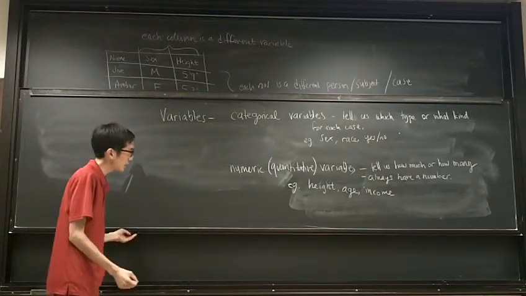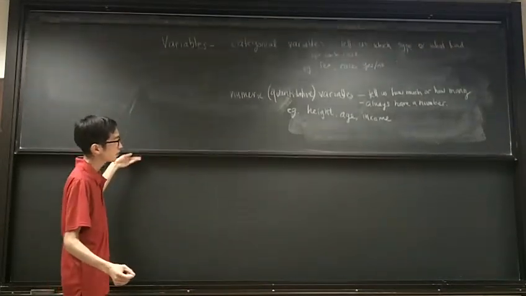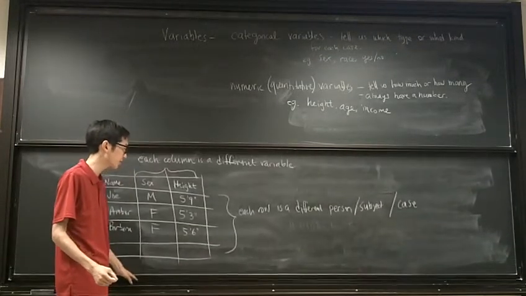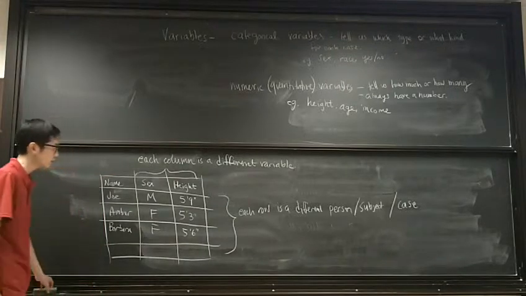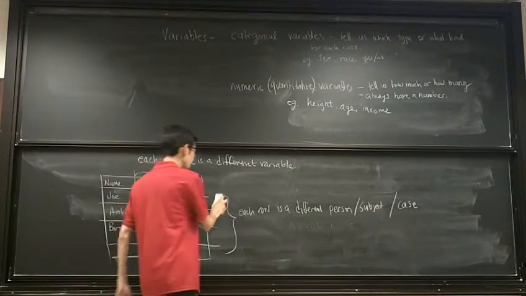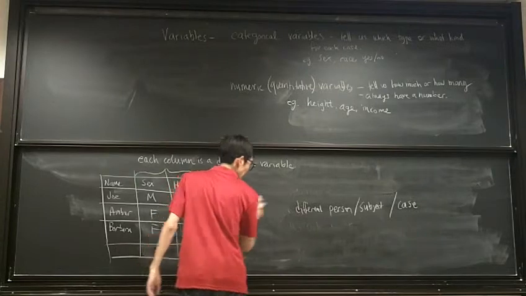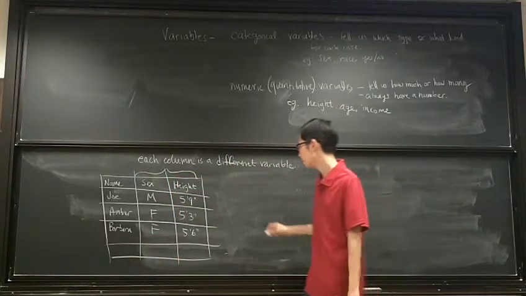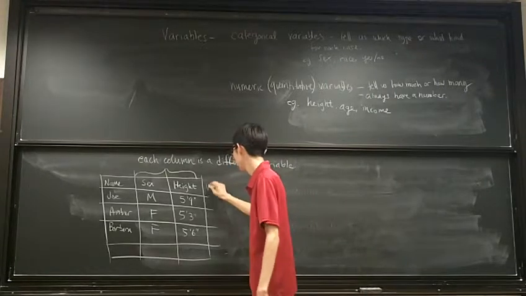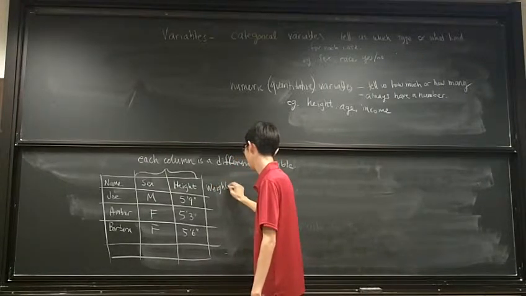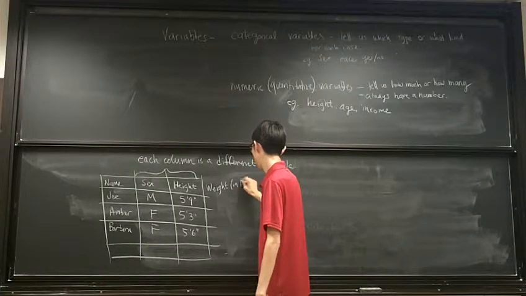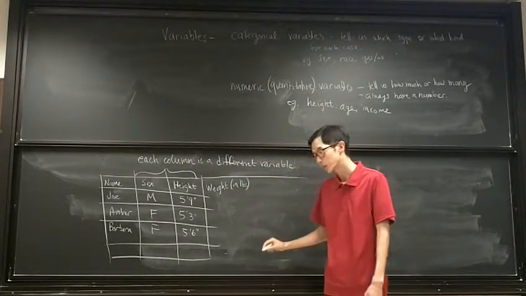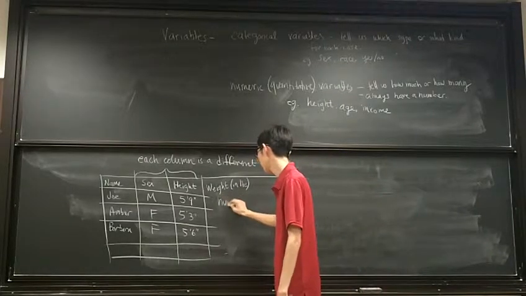Alright, so if I added more variables to collect, just tell me if this would be numeric or categorical. So let's say we would ask someone's weight in pounds. That's what? Numeric. Okay, so this is numeric, clearly.